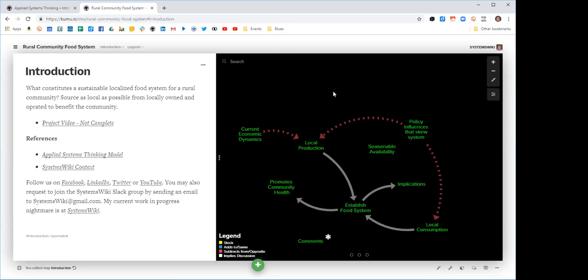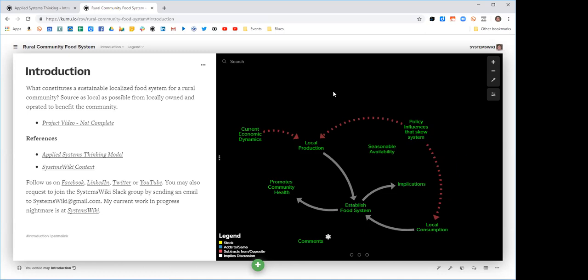To me, the economic dynamics are really central to this whole question, because the policies basically impact the economic dynamics, right? At the end of the day, people are not going to buy food if it's substantially more expensive locally.